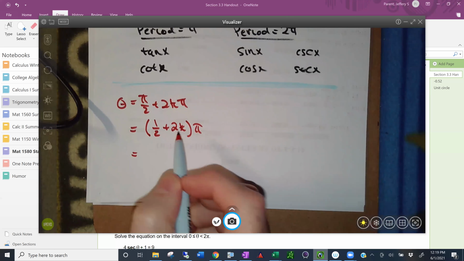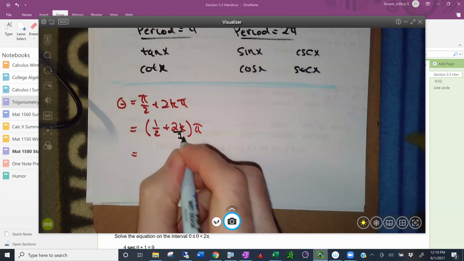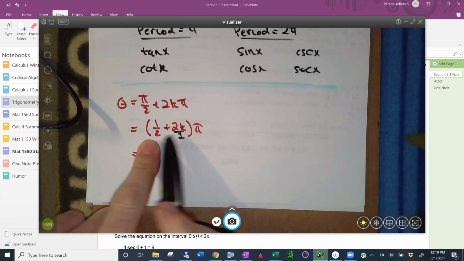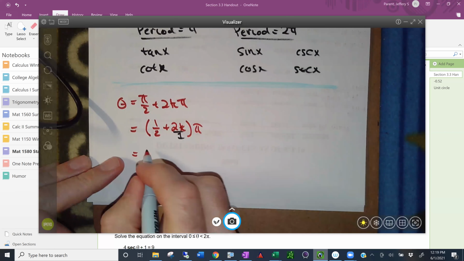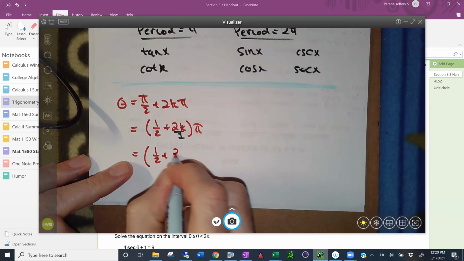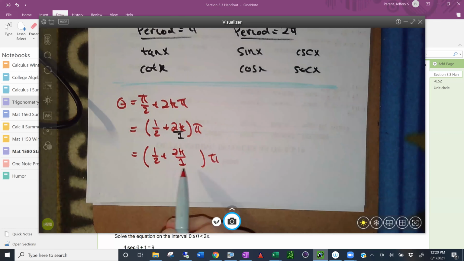But right now, there's no common denominator here. In fact, there's no denominator here at all. So I can think of this as 2k over 1. Well, what would a common denominator be for these two terms? Common denominator between 1 and 2?